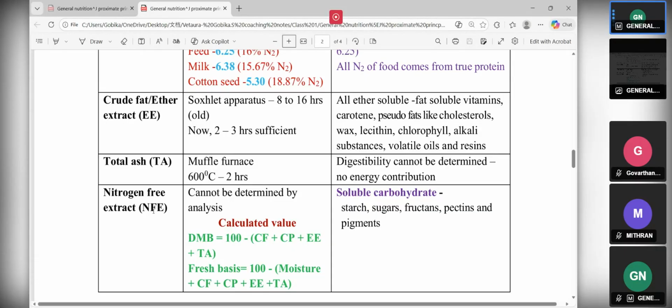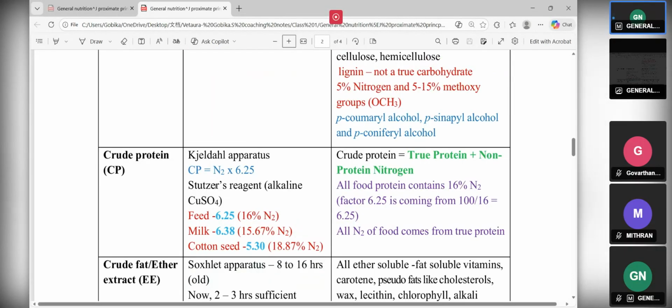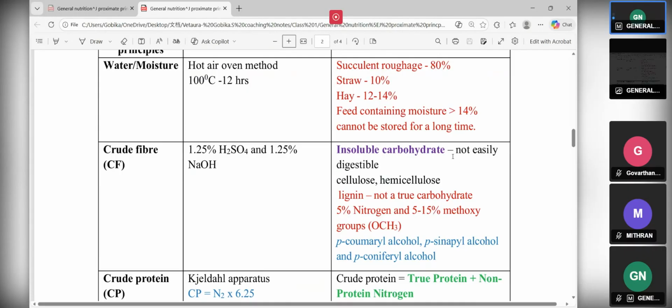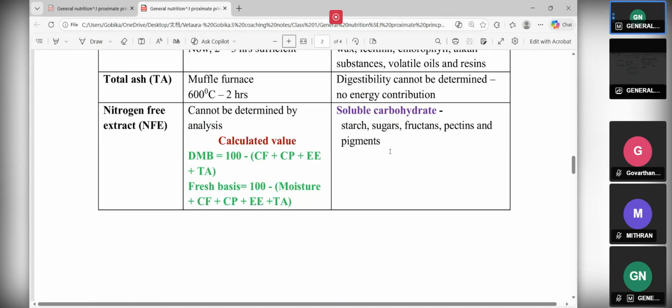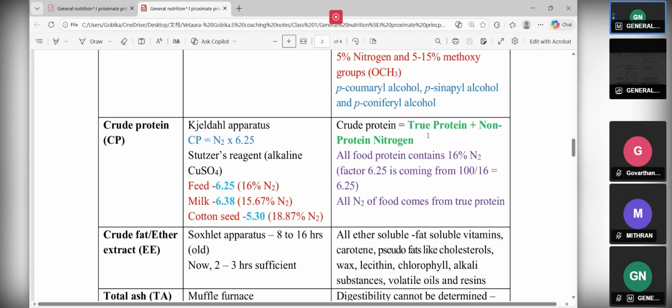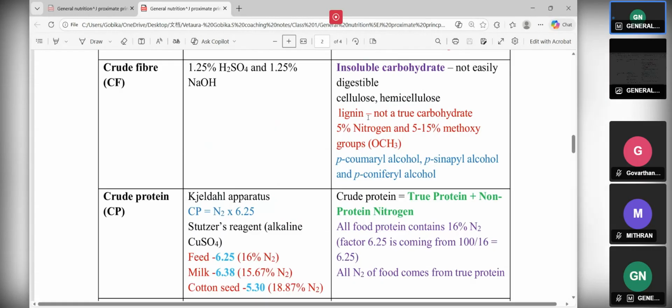Another important point: here we mentioned that crude fiber is the insoluble carbohydrate content of the feed sample. But NFE is completely opposite to that. It is the soluble carbohydrate present in the feed. We told that insoluble carbohydrate is composed of cellulose, hemicellulose, and lignin.